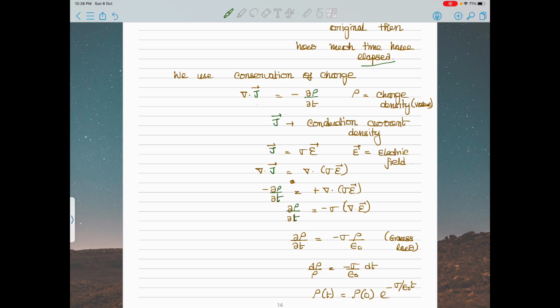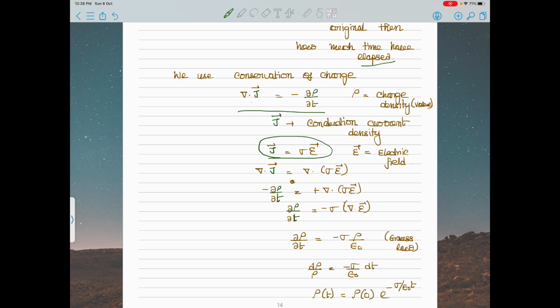So again, del dot J is equal to minus delta rho by delta t. This is the continuity equation where J is the conduction current density, given by J equals sigma times E, conductivity times the electric field.